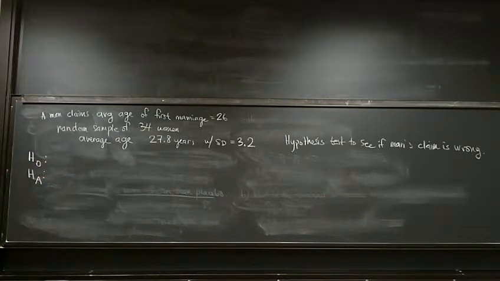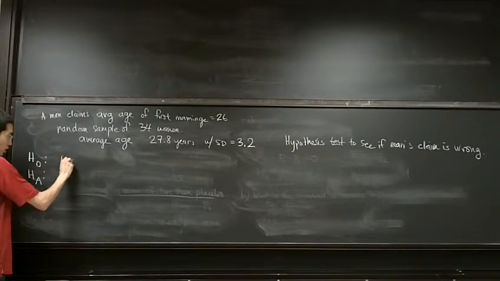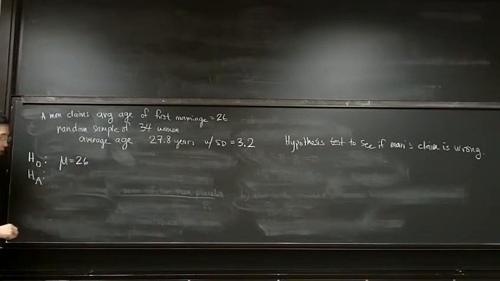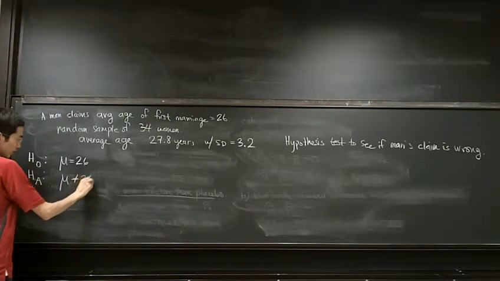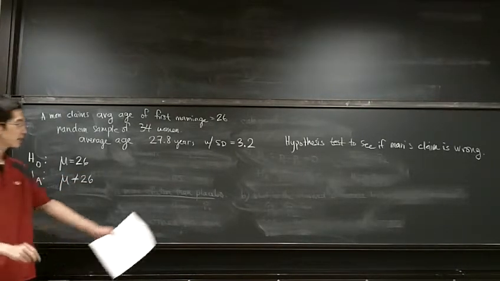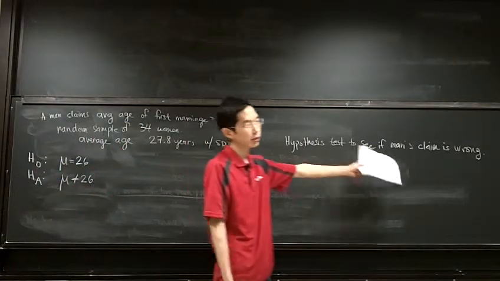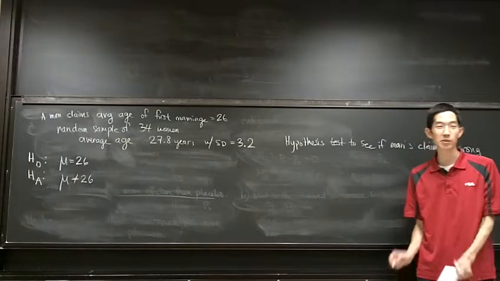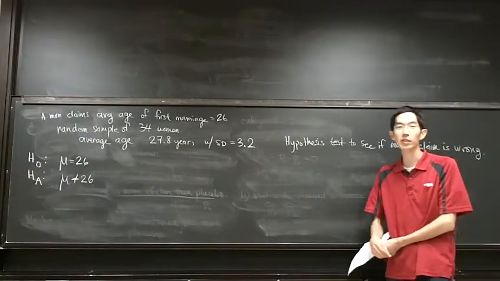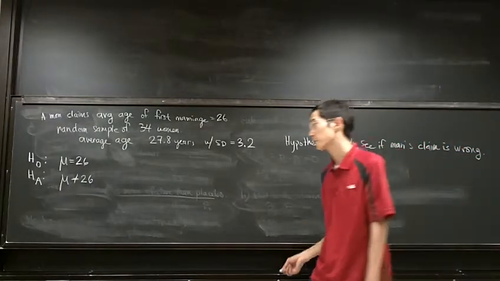The null hypothesis states that mu, the average age of first marriage, is equal to 26, and the alternative is that mu is not 26, because it just says test to see if the man's claim is wrong. We're not asking whether his claim is too high or too low, just whether it is wrong.